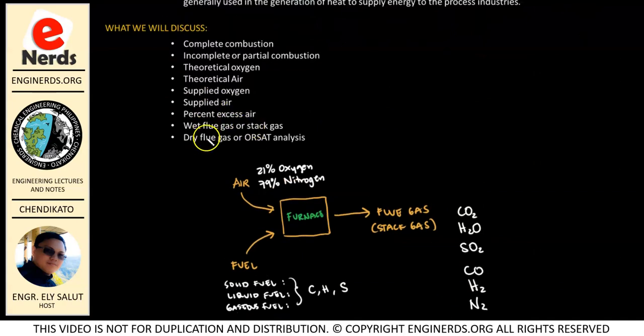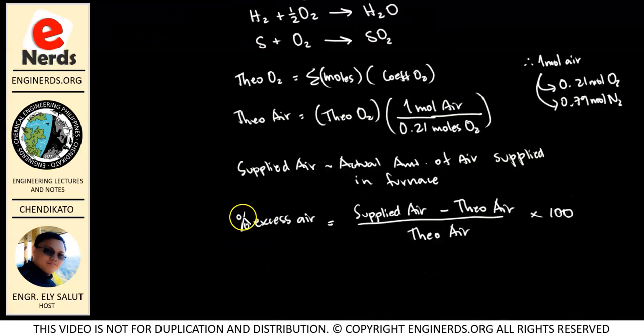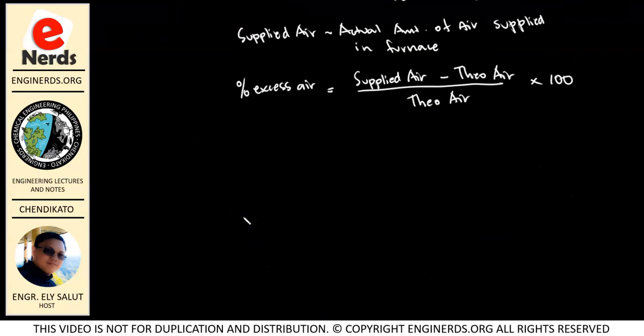Now, what is the percent excess O2. So, usually kasi yun ang binibigay. Wala siya dun sa ating list, no? But, usually, we have to get the percent excess O2. Actually, the percent excess O2 is just equal to the percent excess air. How is that possible? Because itong numerator natin is supplied air minus theoretical air, di ba? So that means ang numerator natin is the excess air. Okay? So let me go back here.